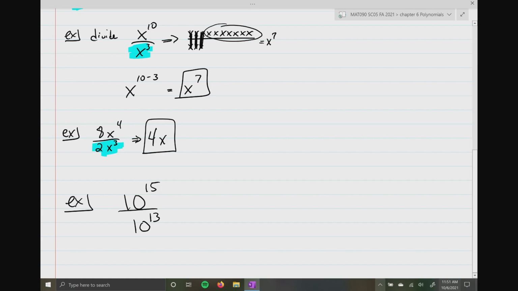It's huge. It's a massive number. But here's what I know, Leah. If I have 10 to the 15th divided by 10 to the 13th, I know the bases are the same, which means I subtract the exponents. 15 minus 13 is 2. So the answer is 10 to the 2nd power, or 10 times 10 is 100.